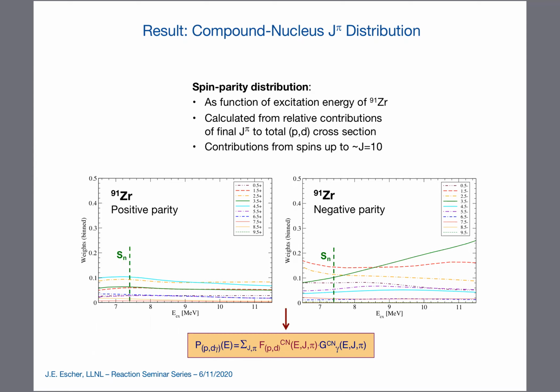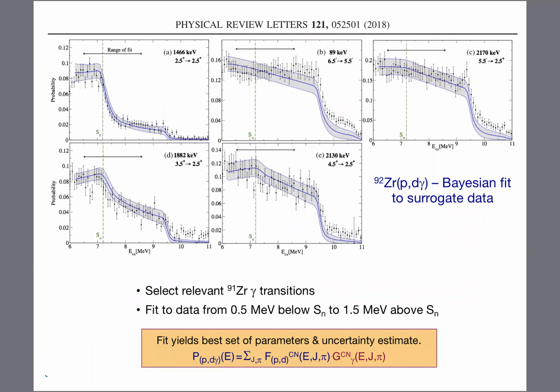Again, my experimental colleagues give me the P, the coincidence probabilities. I calculate the F. I build a Hauser-Feshbach type decay model for the G, and I adjust the parameters in the G in order to reproduce the P's. And this is how that looks. We see in those 5 panels different transitions in the nucleus zirconium-91. And we see the fit that we get. I use the Bayesian approach to do this.